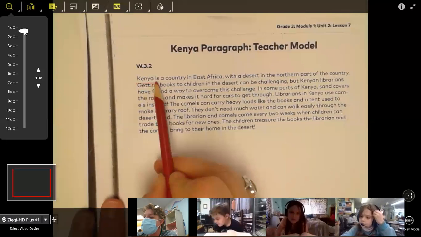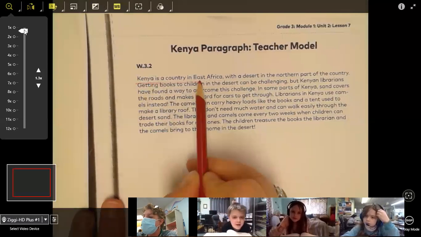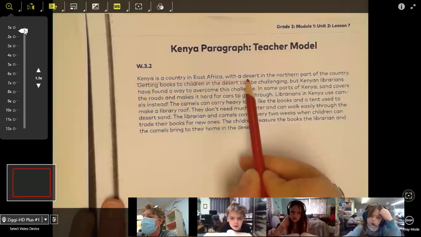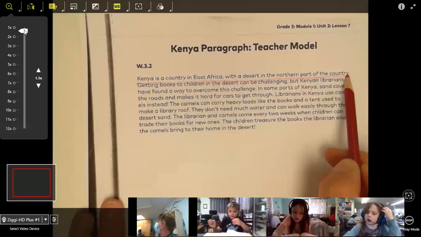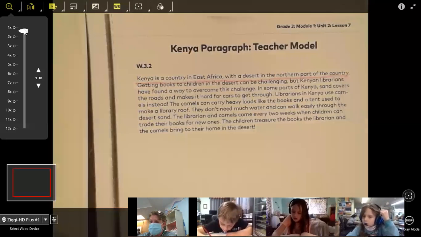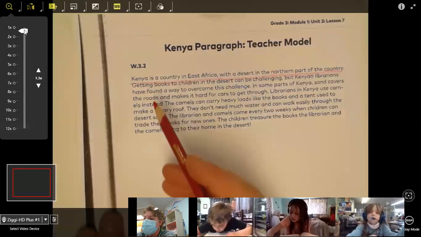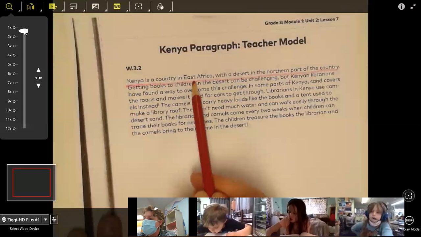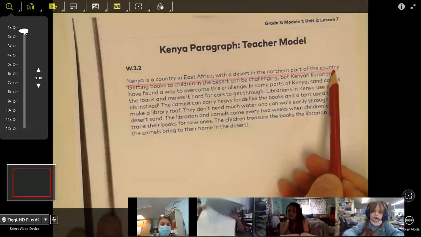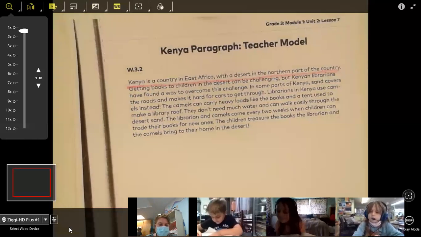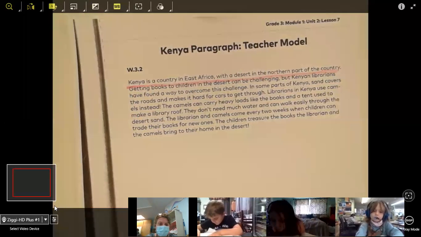Kenya is a country in East Africa with a desert in the northern part of the country. You're just going to underline. Don't write on it. Right underneath it, okay? So that we can see still the words. And I'm just gonna flip back so that you can also see this real quickly.